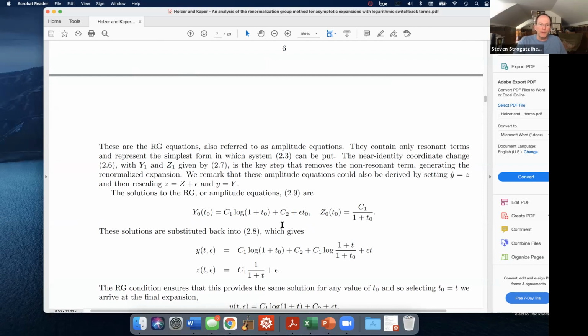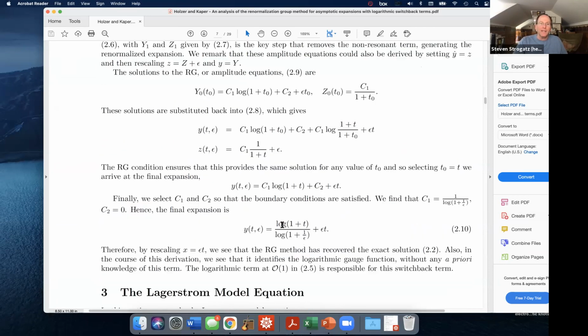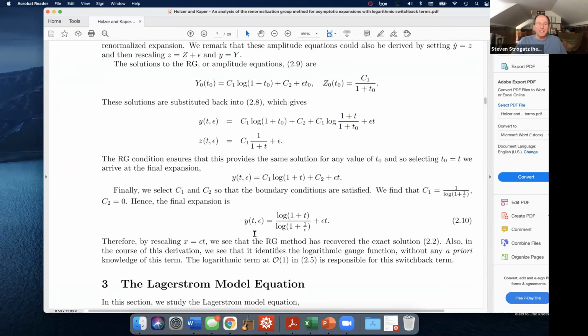And when they put everything back together, they end up getting the exact solution to the original problem, including this logarithmic stuff in it. And it didn't need to be guessed. It just pops out.